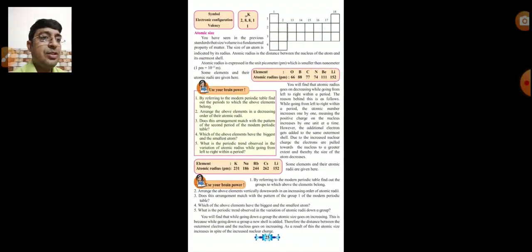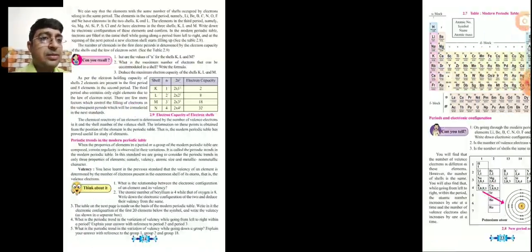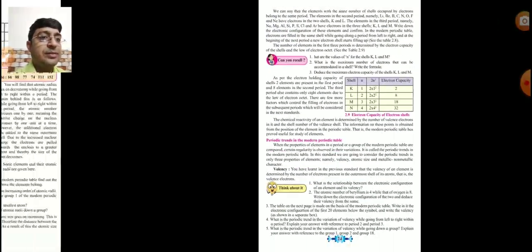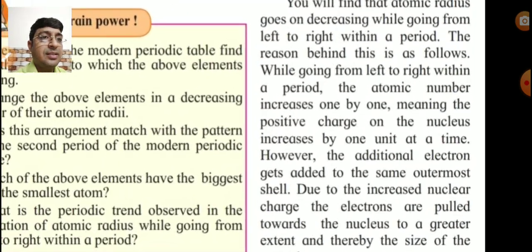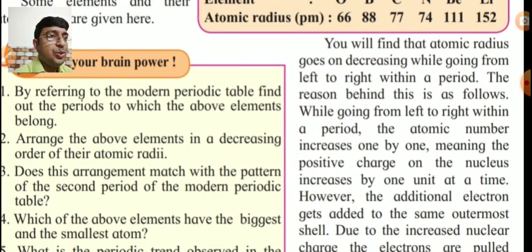So what explanation is given in that paragraph? Yes, check. You will find that atomic radius goes on decreasing while going from left to right within a period. The reason behind this is as follows. This question is asked as give scientific reason.